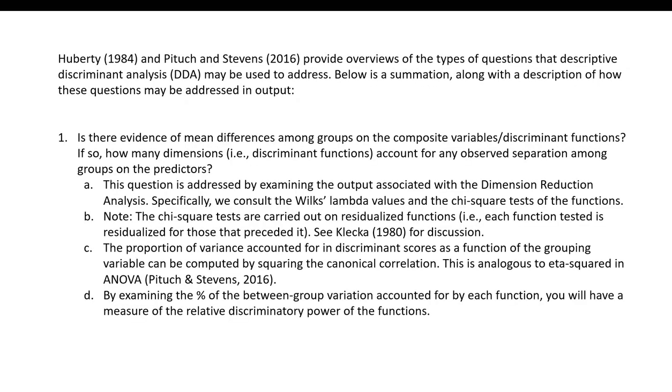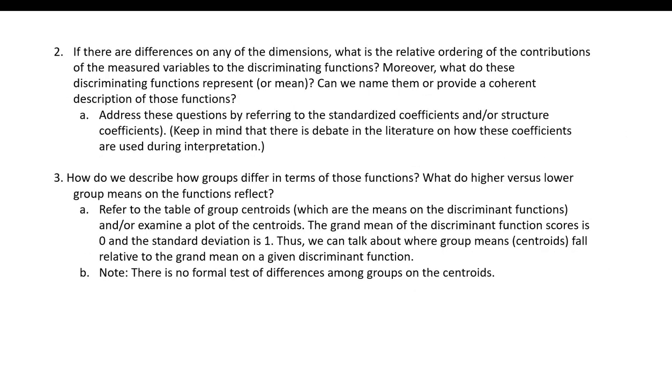So what kinds of questions do you ask when performing descriptive discriminant analysis? First, is there evidence of mean differences among groups on the composite variables or discriminating functions? And if so, how many dimensions account for any observed separation among groups on the predictors?